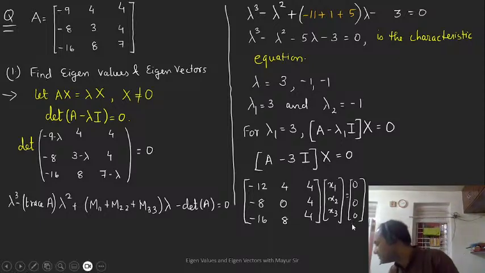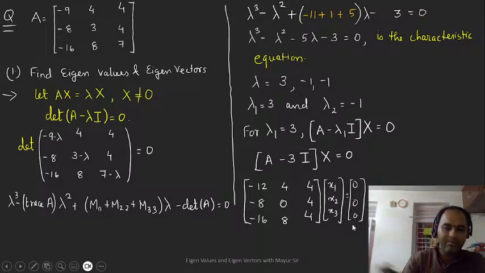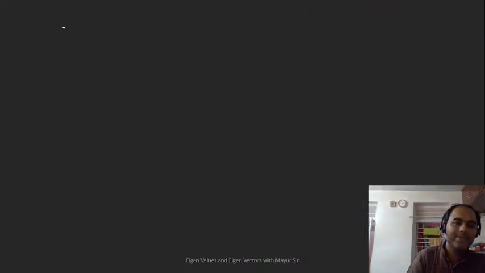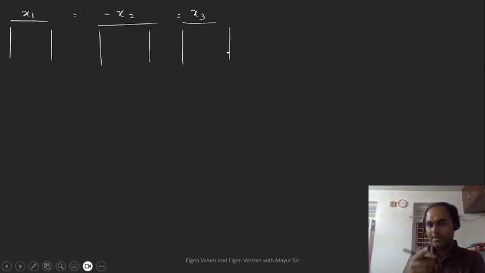You get that? Okay, this is what you have got. Calculate by Cramer's rule. What do you get? Now let us see. Here you will have x1, minus x2, x3, and then there is this.